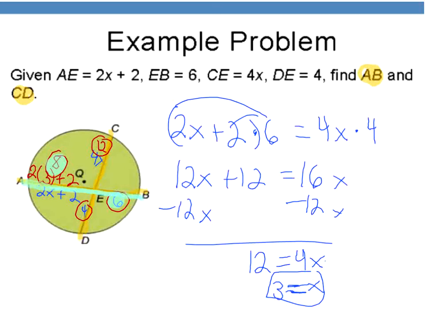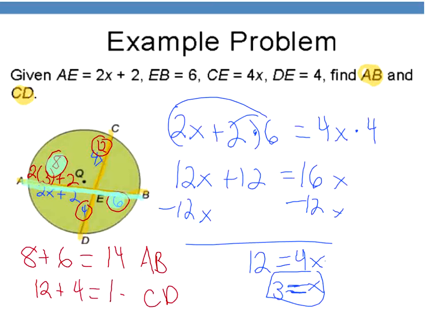Close. 8 plus 6, 14. Okay, so A to B was 14. How about C to D? C to D is 12 plus, what's the other one? 4. So C to D is 16.